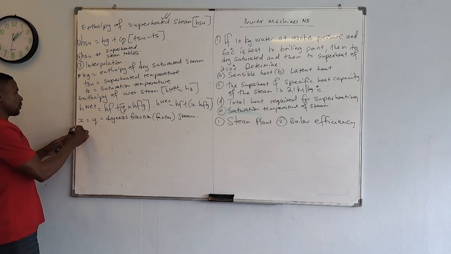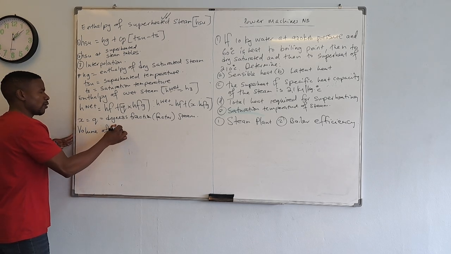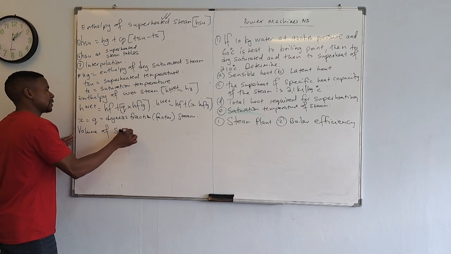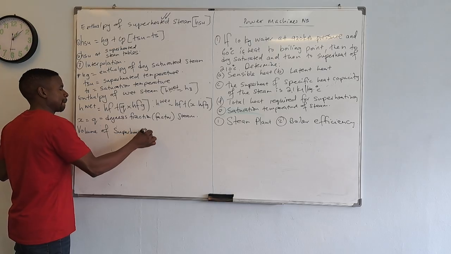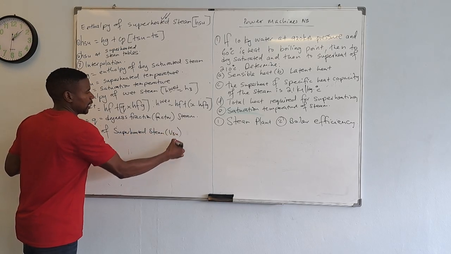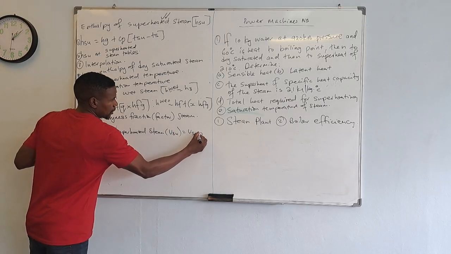Another formula that we need is the volume of superheated steam, which you can call our VSU or V superheated.